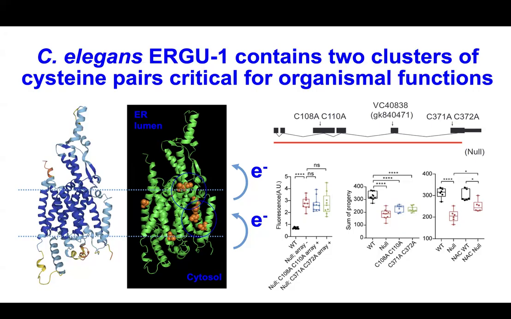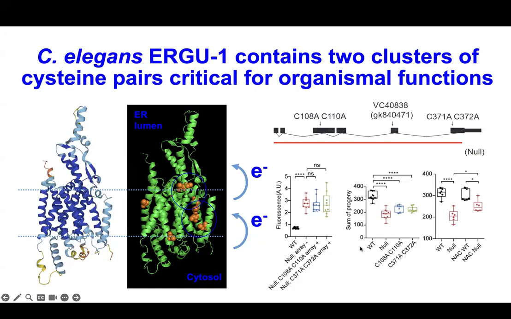And to experimentally verify that, we generated a CRISPR knock-in allele, converting the cysteine pair into alanine. And we found that the alanine mutations can abolish the function of the protein in terms of activation of the gst-4 GFP upregulation, based on the transgenic rescue experiment.